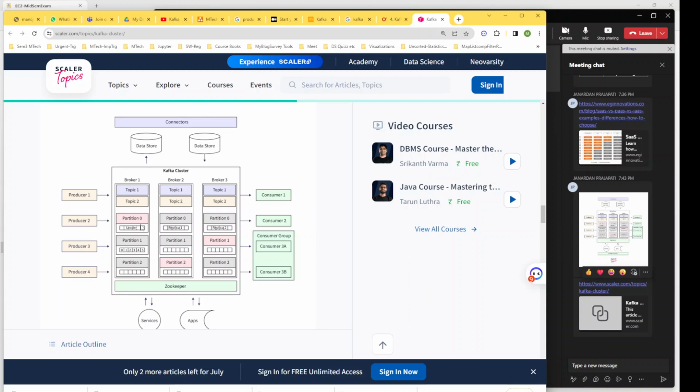The pink colors are the leaders. So broker 1 has the leader for partition 0, broker 2 has the leader for partition 2, and the others are replicas, which is why the color notation is pink. Broker 3 has partition 1 as the leader, and the remaining are replicas in other brokers.